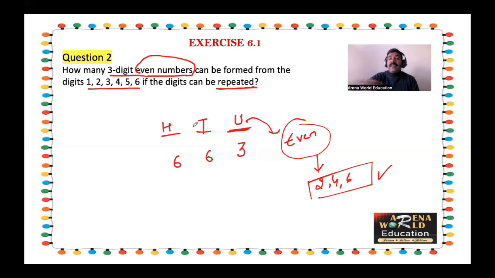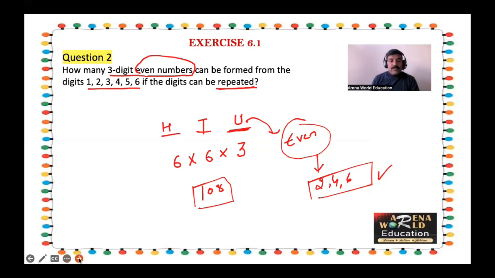So this question can be framed by different ways. So finally, what will be the answer? 6 into 6 into 3, it will be, yes, 108. I hope everybody is clear about this question, right? So in this way, we can solve question number 2.